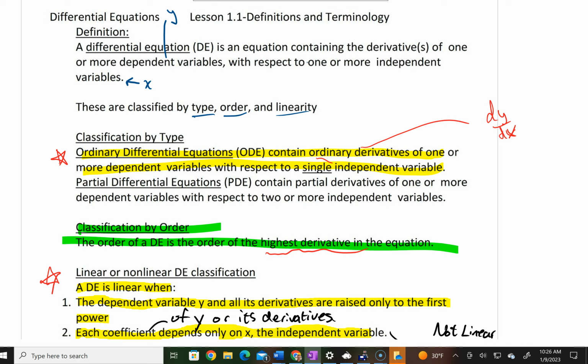Type, it's almost silly to bring this up, but it's important to let you know, we're in ordinary differential equations. Ordinary differential equations are where you have derivatives of one or more dependent variables with respect to a single independent variable, such as dy/dx.